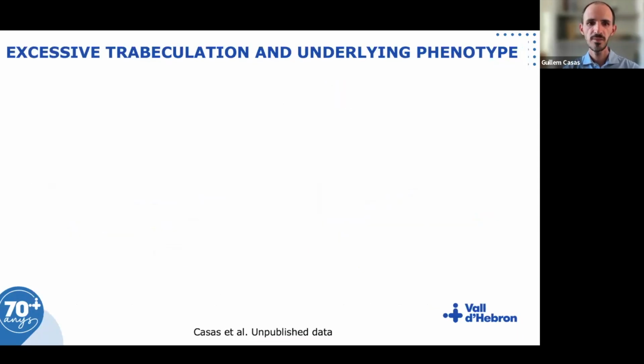However, what is the real prognostic role of excessive trabeculation? Is it more important than the underlying phenotype? And we found that no. What matters most is the functional underlying phenotype, like I will show you. What happens in low-risk individuals, that is, patients with normal LV dimensions, normal LV GLS, and no LGE?